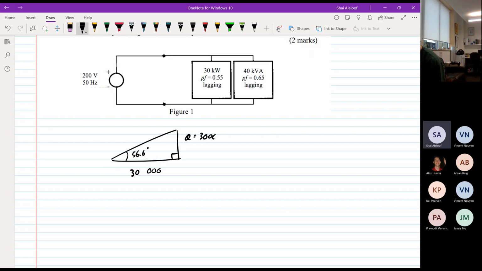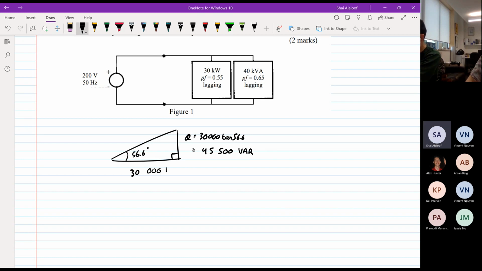So 30,000 tan 56.6 is about 45,500, just rounded. And the unit for reactive power is VAR.